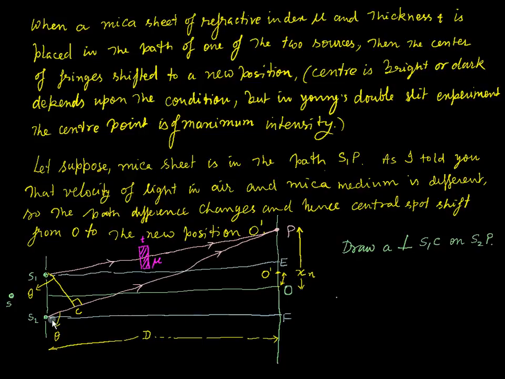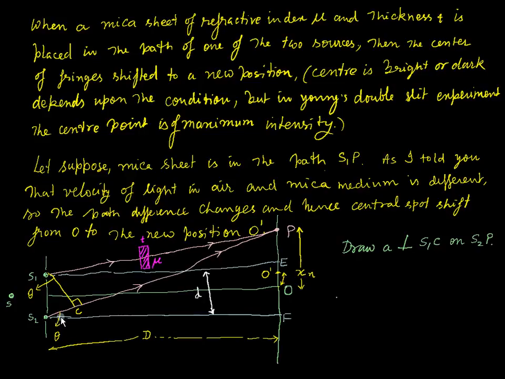This is the distance between the source and the screen, and we represent this distance with the capital letter D. The distance between the sources S1 and S2 is denoted by a small d. You can see it in the next slide also.